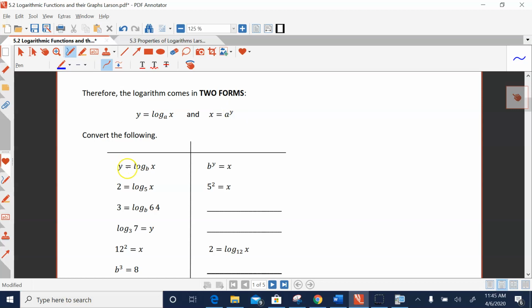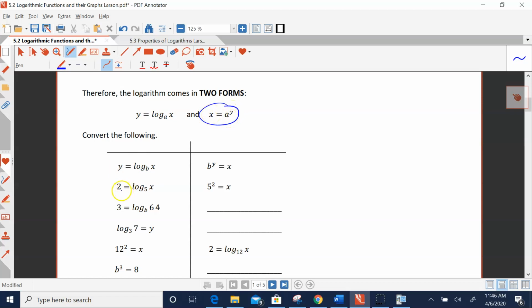If I had y equal log base b of x and wanted to put it in this format, all I have to do is rearrange those values. It would be b to the y equal x. All I'm doing is rearranging these three pieces into these three positions.